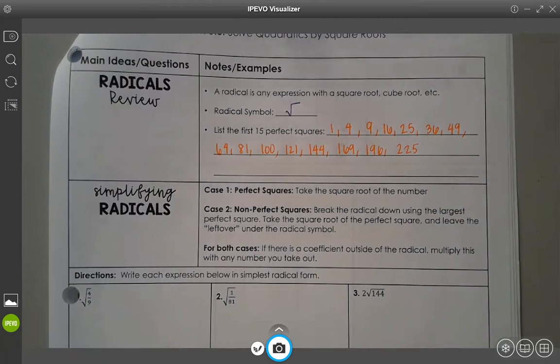So I want everybody to go to your calculator, and when you type in the square root of any one of those numbers, 36 for example, you get 6. You get a whole number. But when you type in the square root of some number that's not a perfect square, like 32, you get a decimal.